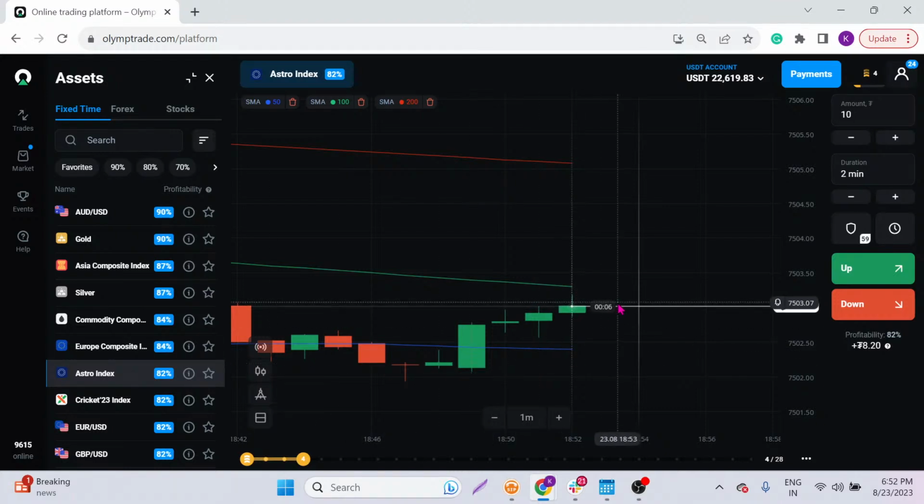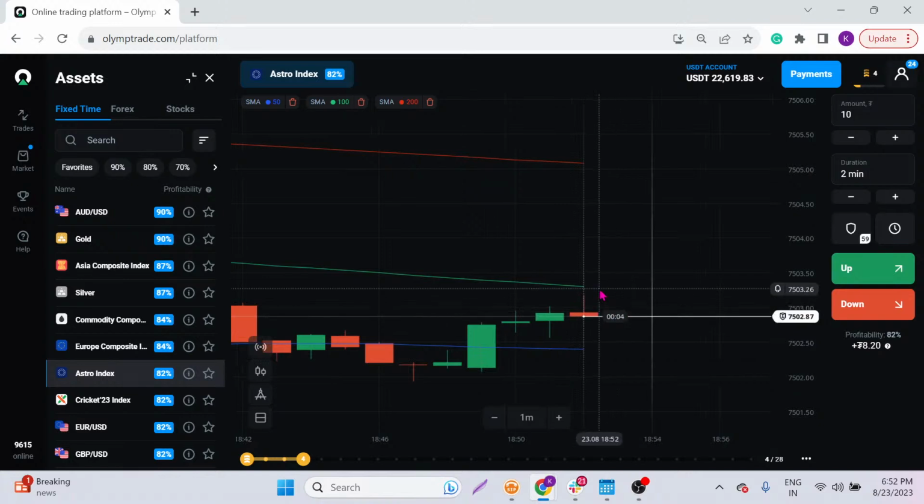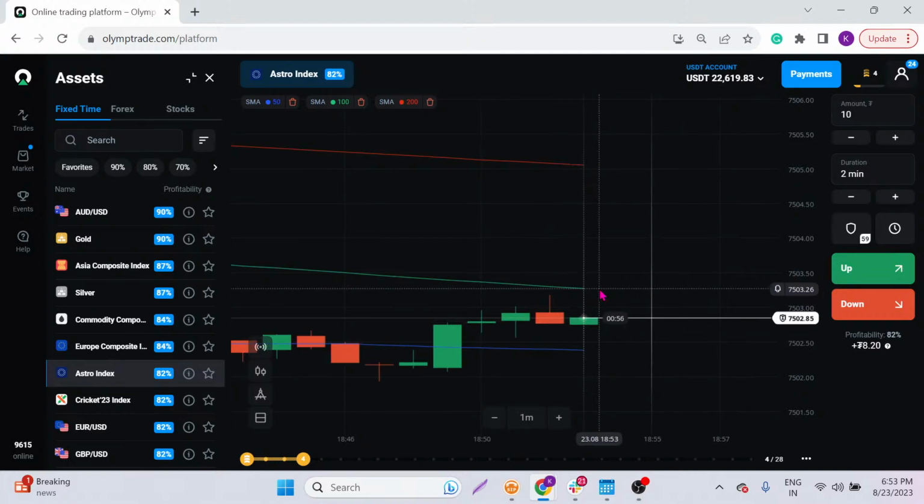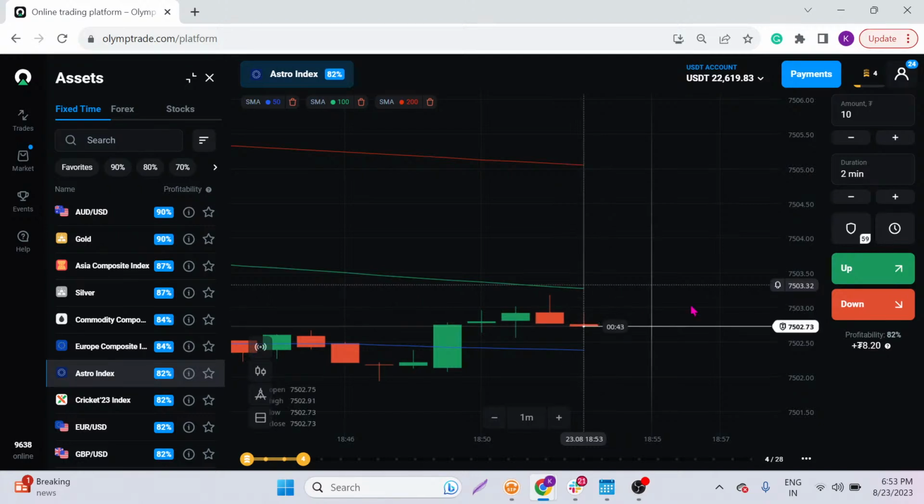Okay, so here the candle is nearing SMA 100. Alright, so it bounced back.